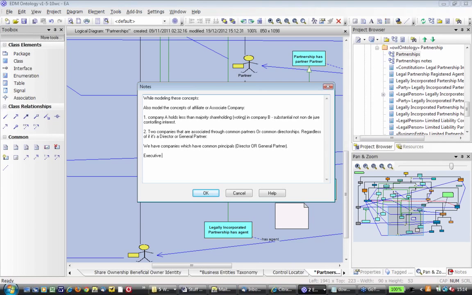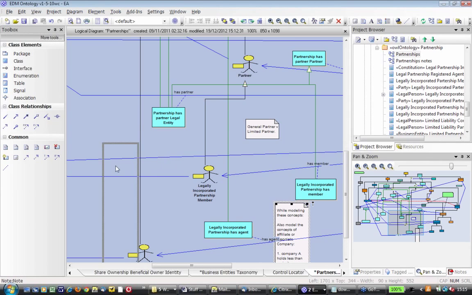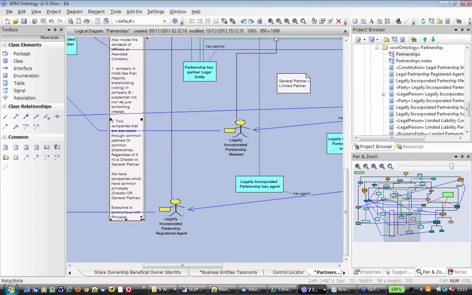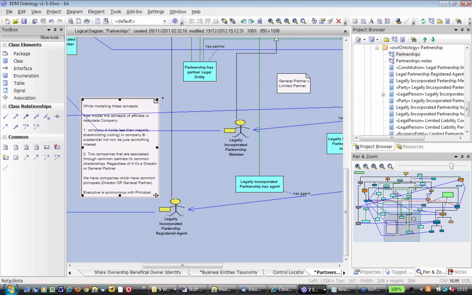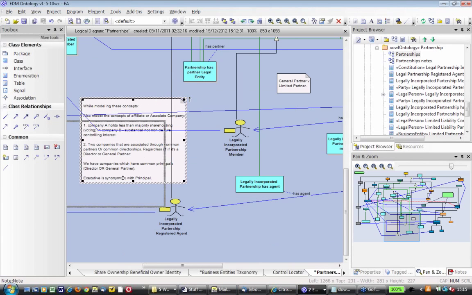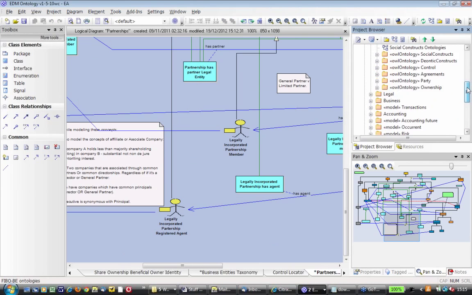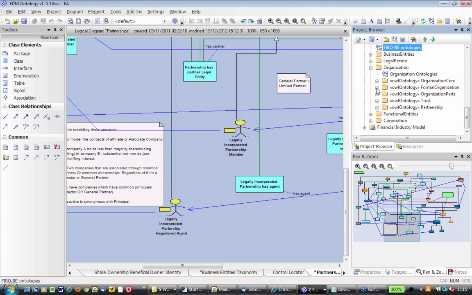Director, I meant to say director. I think principals is the legal term, but executive is the more common commercial term. Right. So we're saying executive is synonymous with principal.